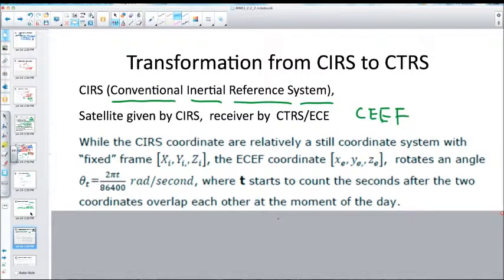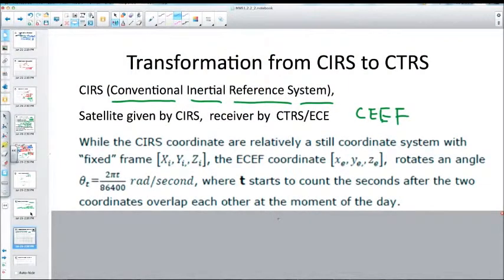And then your x coordinate always points towards the sun. And this is inertial because you basically don't rotate, only revolve along the sun with a relatively constant velocity. That's called inertial, no acceleration.